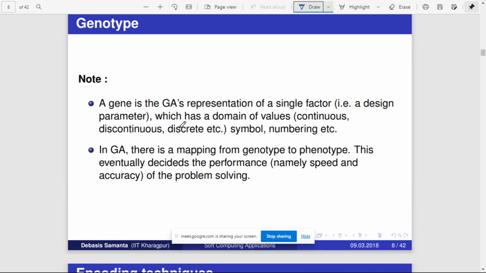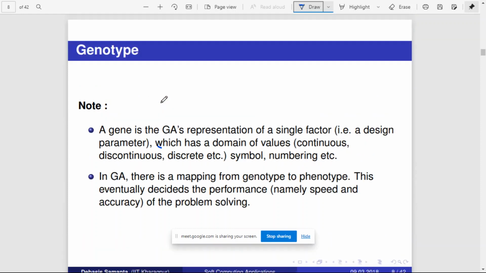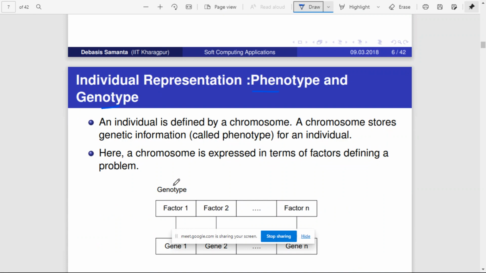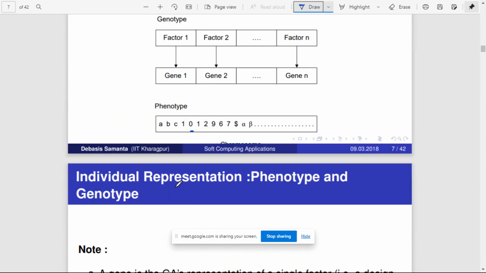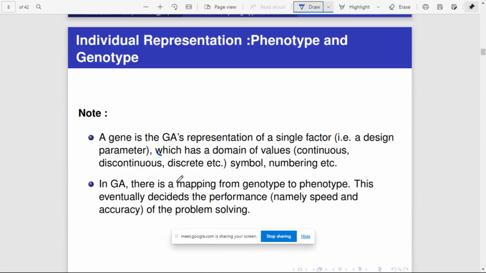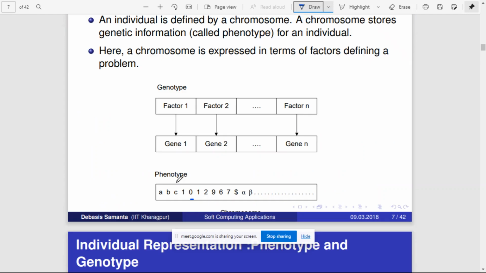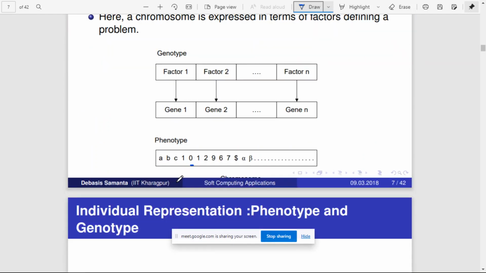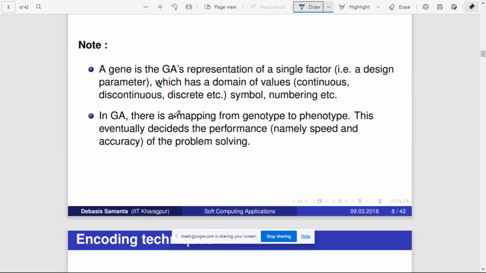So this is with respect to genetic algorithm, genotype and phenotype. But with respect to what we discussed in the previous slide about genes and genetics, in case of genetic algorithm, a gene is the GA representation of a single factor.